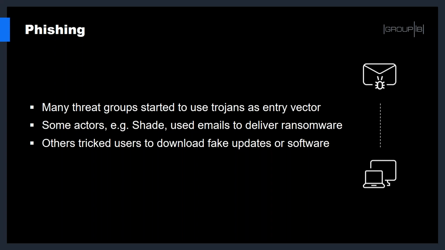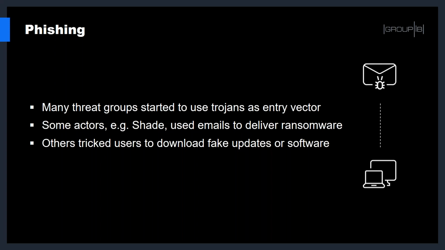Many groups nowadays use Trojans as initial entry vectors. So it started in 2018 with Ryuk ransomware. So Ryuk operators used Emotet to deliver TrickBot.